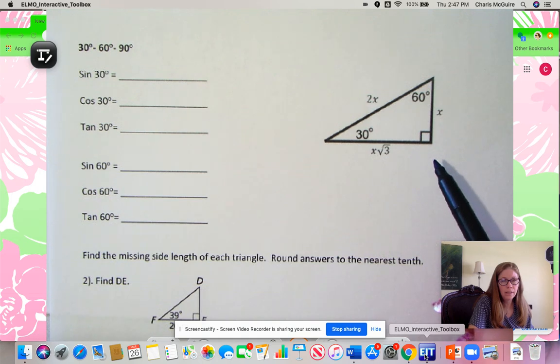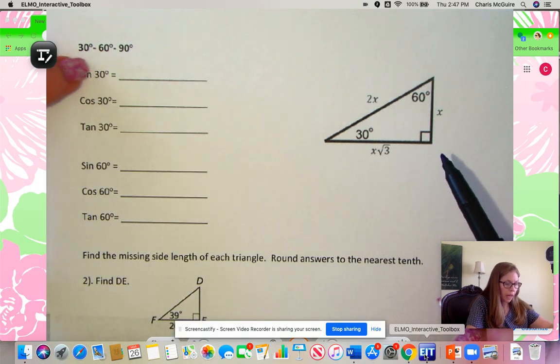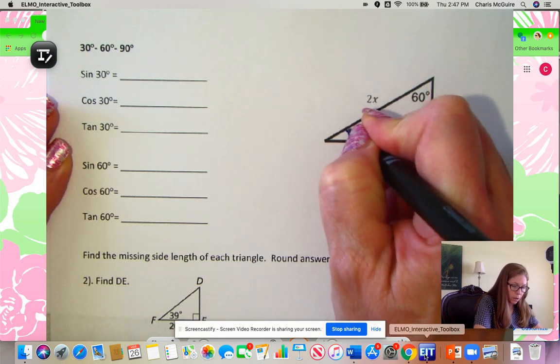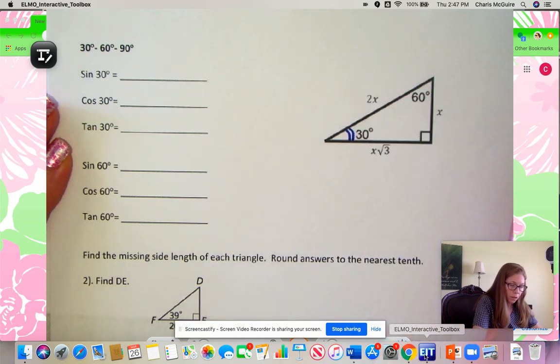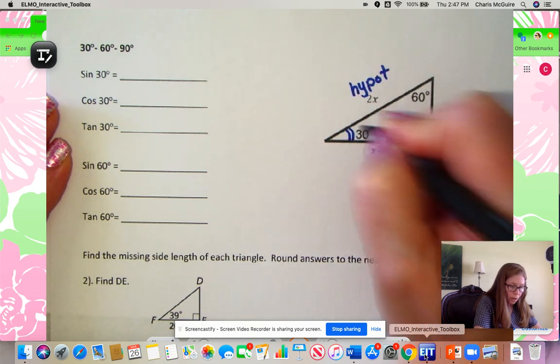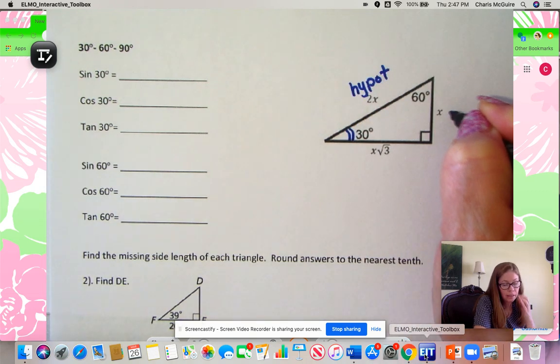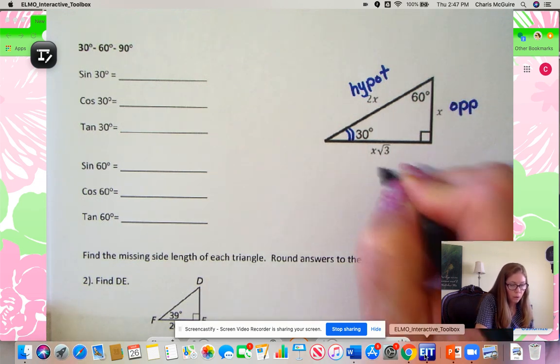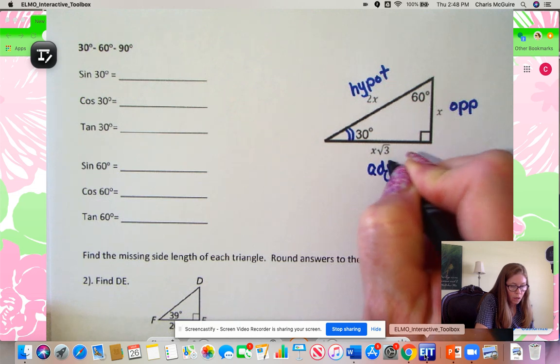It's so nice, isn't it? So first, we're going to look at the 30-degree angle. Here I'm going to put this in blue. For 30 degrees, the 2x is always going to be our hypotenuse. But right now, x is opposite here, so this is your opposite side. And x square root of 3 is your adjacent side.